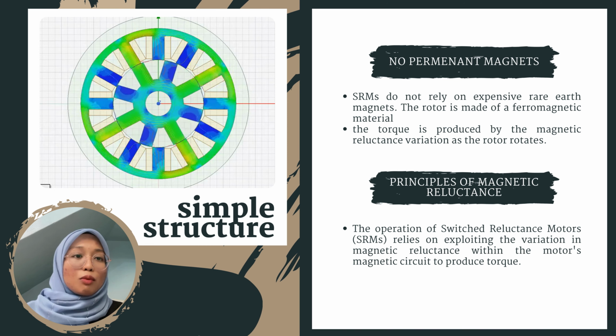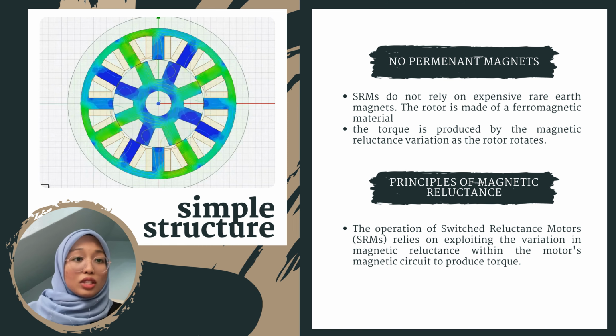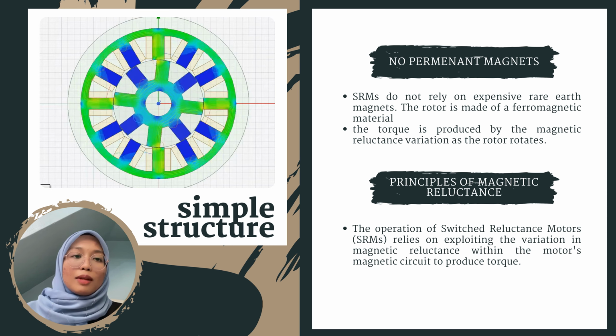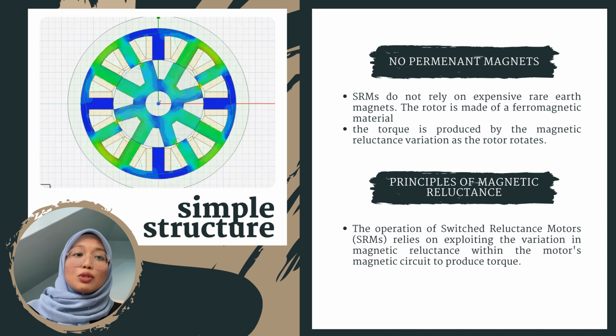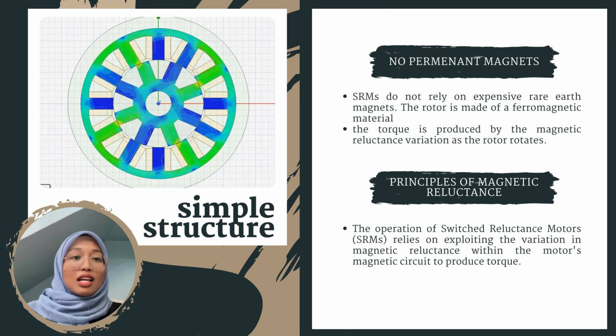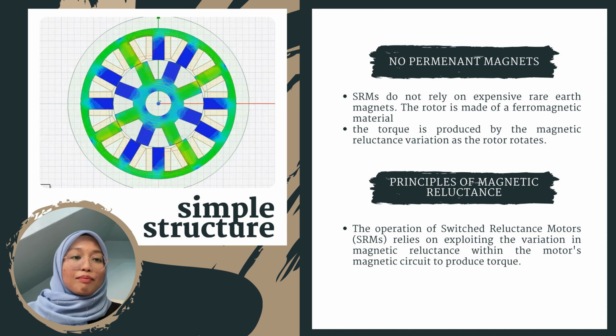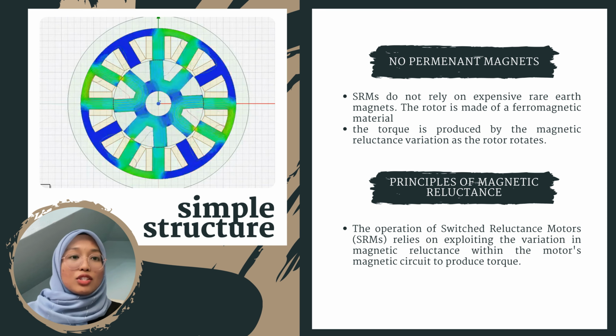The torque is produced by the magnetic reluctance variation as the rotor rotates, and this lack of permanent magnets can contribute to cost saving and makes SRMs less susceptible to fluctuations in magnet price or supply chain issues.